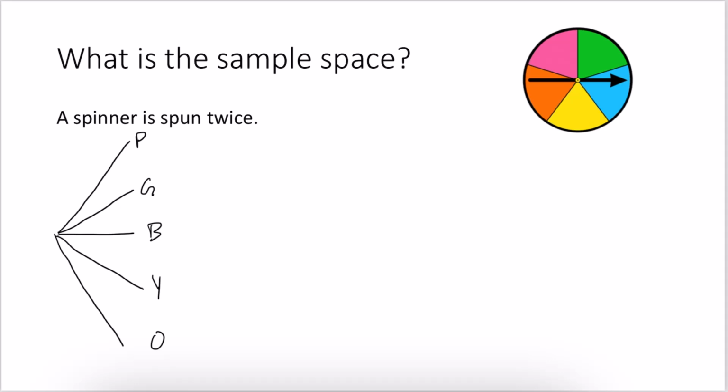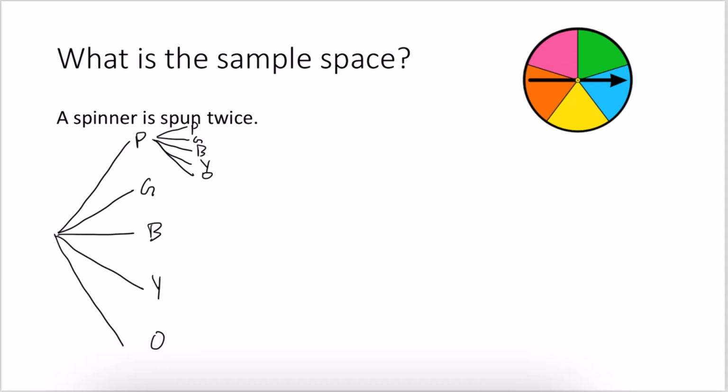Then if I spin the spinner again, I could get any one of those 5 options again. So let's say that I got pink on my first time. Well, my second time could either be pink or green or blue or yellow or orange. Any one of those 5 outcomes could happen if I spun pink the first time.